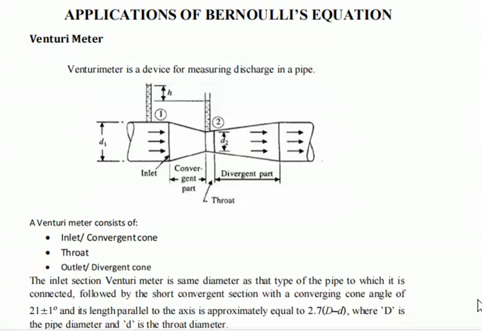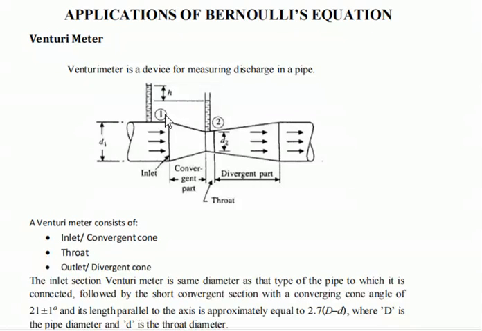Venturimeter is a device which is used for measuring the discharge, or the flow rate, in a pipe.